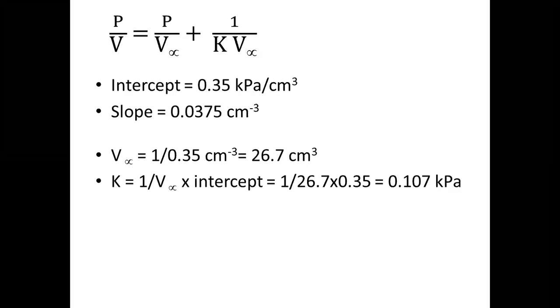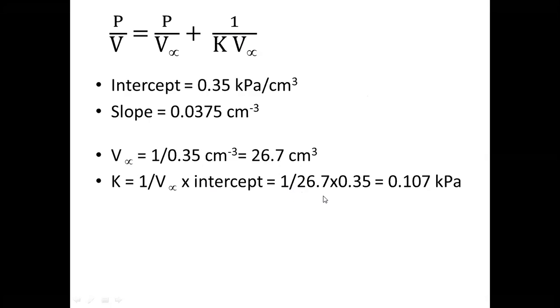The other one is the k value. k will be 1 over v infinity into the intercept. So this whole will be equal to the intercept, and when you want to calculate the k, the intercept is divided by this, and then you will get the value of the k.